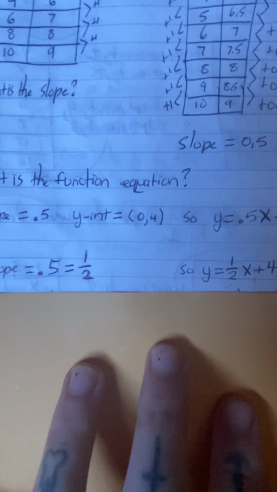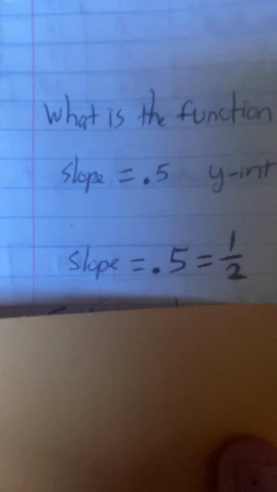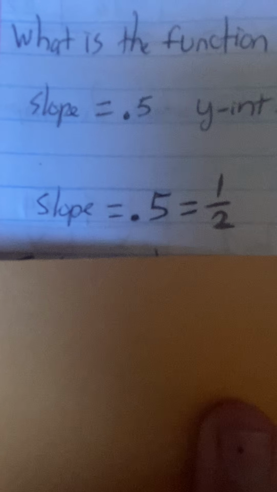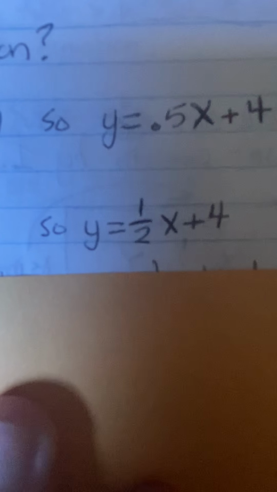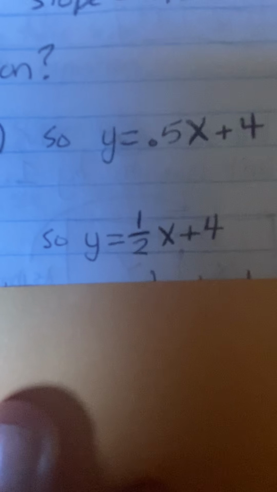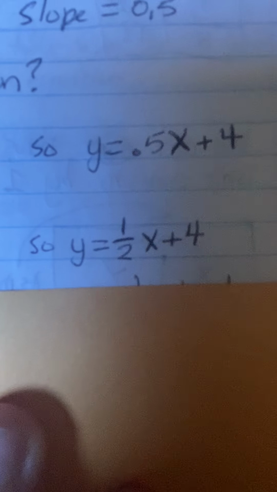But we know we can write 0.5 as a fraction as well. Slope equals 0.5, or it equals 1 over 2. The y-intercept stays the same, so we can also write it as y equals 1/2 x plus 4.